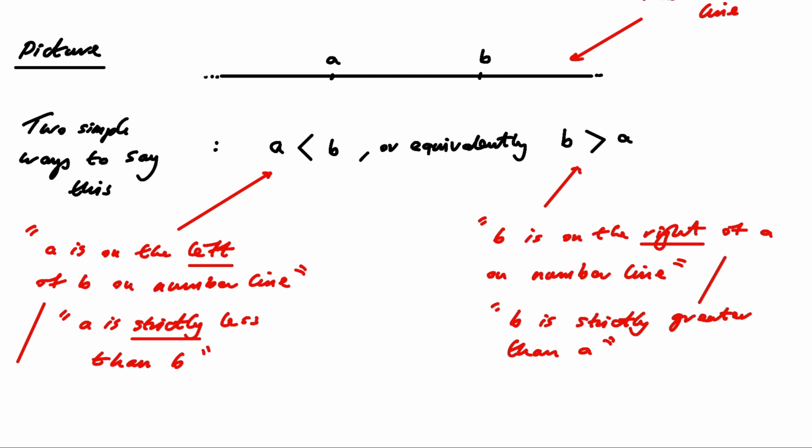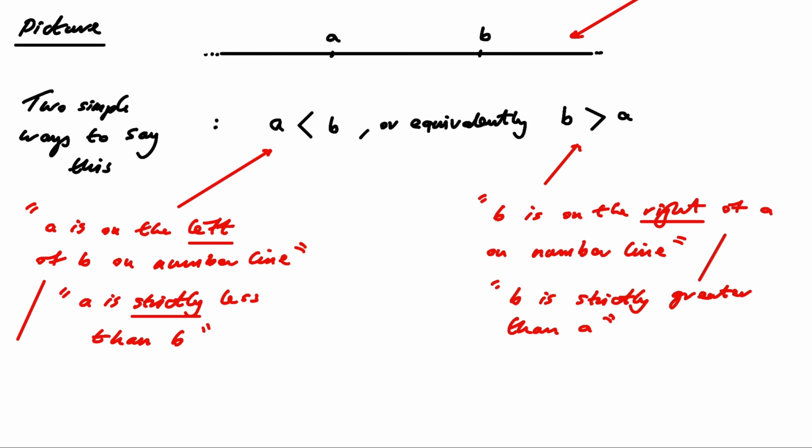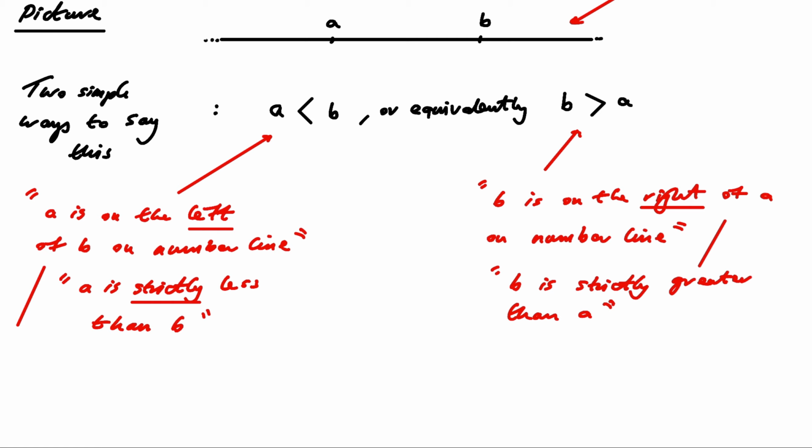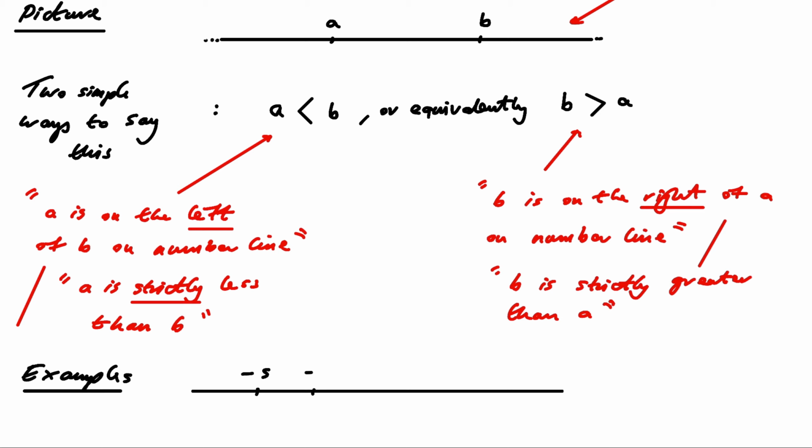Okay, so let's do some super quick examples to make sure we're completely understanding this idea. So, examples. Let's draw a number line and mark a few points on it, shall we say? So if I was to give us the numbers, let's do -5, -4, let's say.